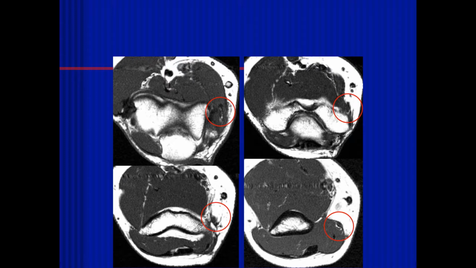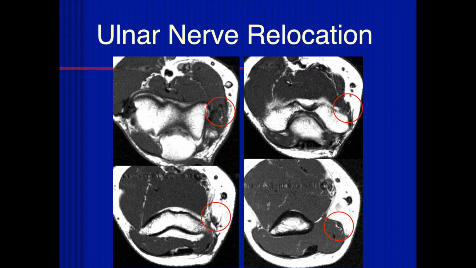So what do you think happened here? Well, the flexor retinaculum is irregular, and there's some soft tissue thickening. So I'm thinking they have chronic tearing of the flexor retinaculum, and maybe it's dislocating and relocating. The treatment for ulnar neuropathy, if it's refractory, is relocation of the nerve anterior to the condyle.